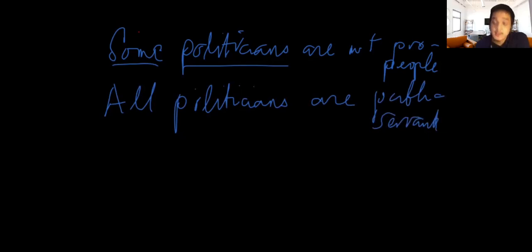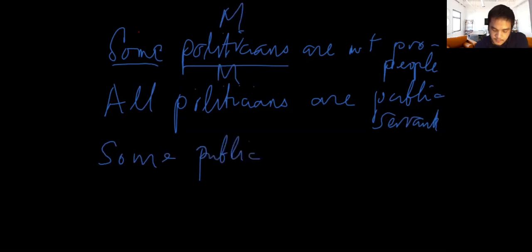So, the conclusion must be particular. So we have some. Take note, this is M. Some public servants are not pro people.